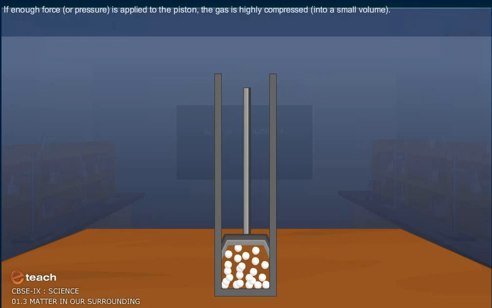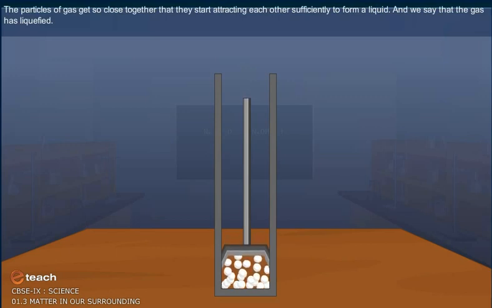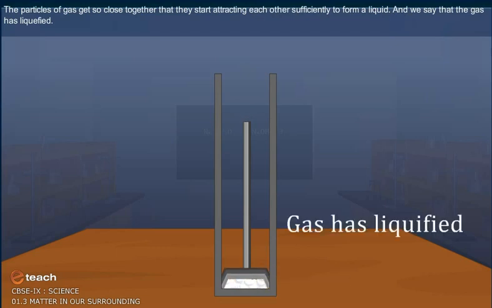If enough force or pressure is applied to the piston, the gas is highly compressed into a small volume. The particles of gas get so close together that they start attracting each other sufficiently to form a liquid. And we say that the gas has liquefied.